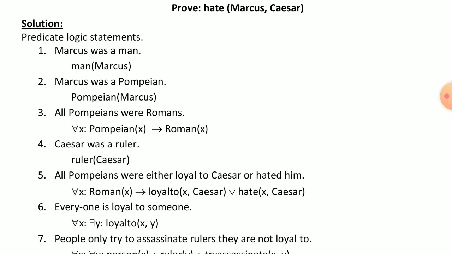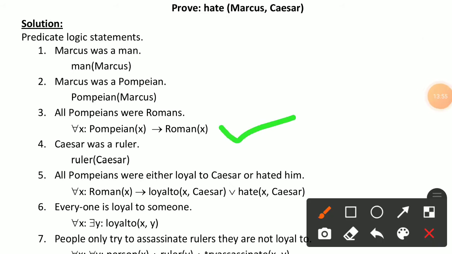So we can use the symbol for all, for all X, Pompeian X implies Roman X. All Pompeians were Romans, so we write for all X, where X means Marcus, Pompeian X implies Roman X. This is the predicate logic statement solution for the simple sentence.